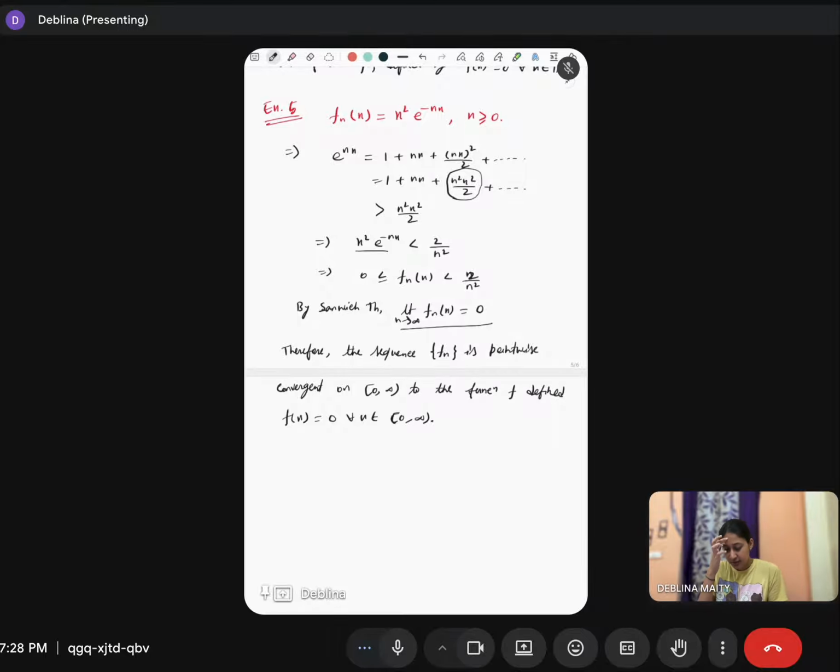So this sequence of functions is pointwise convergent in this domain, and it is converging to the 0 function.